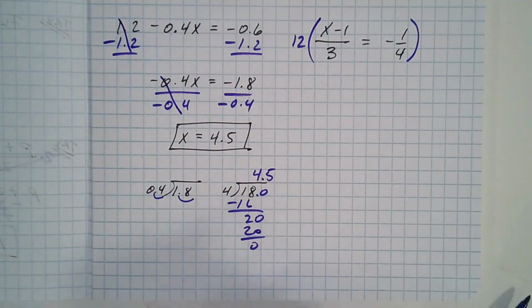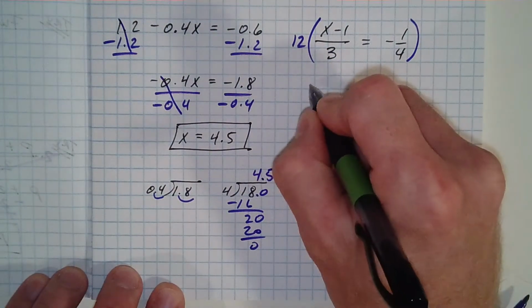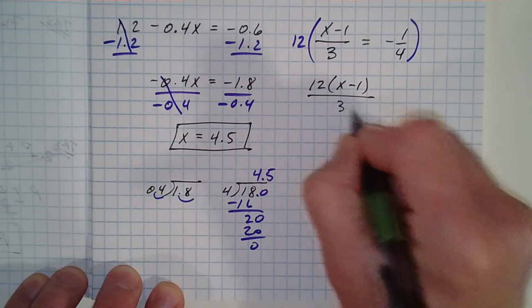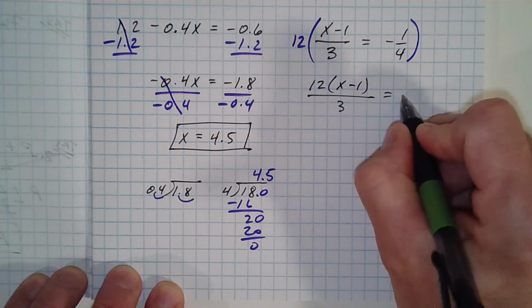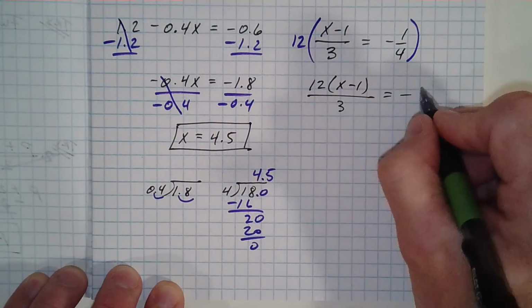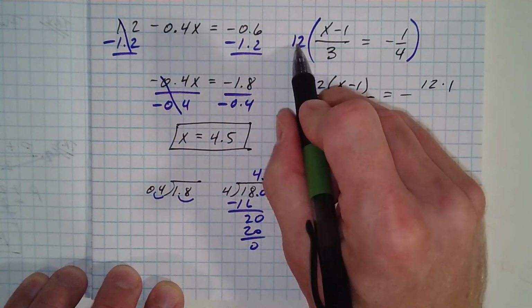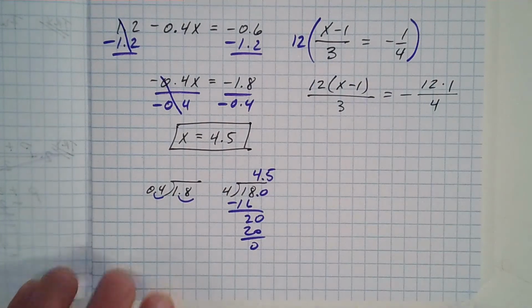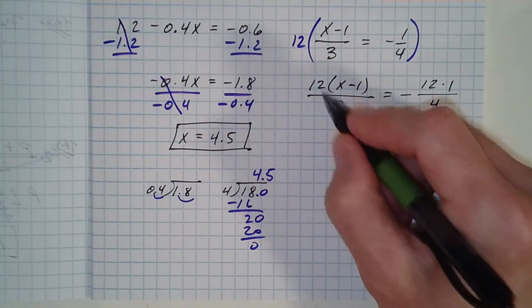And when I do that, I'm going to have 12 times x minus 1 over 3 equals negative 12 times 1 over 4. And now I can simplify. 12 divided by 3, that's no problem.